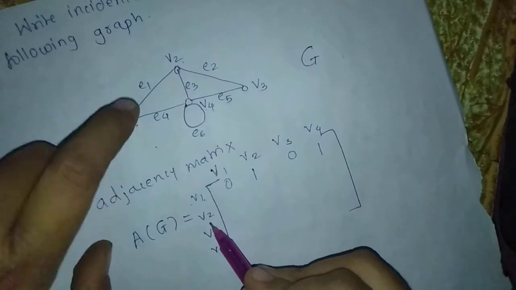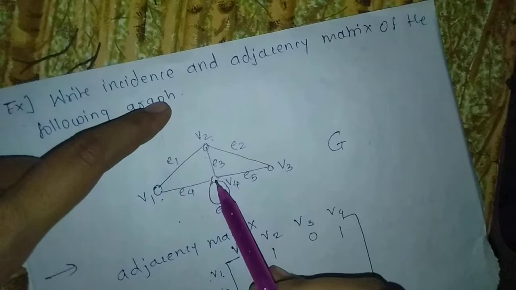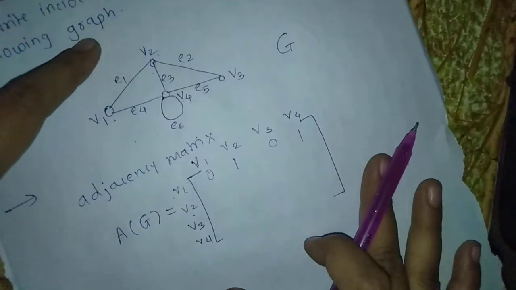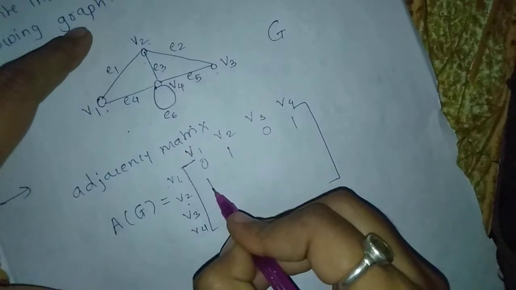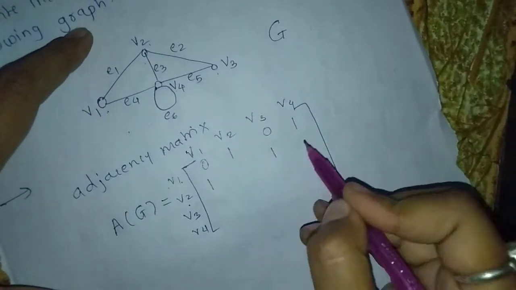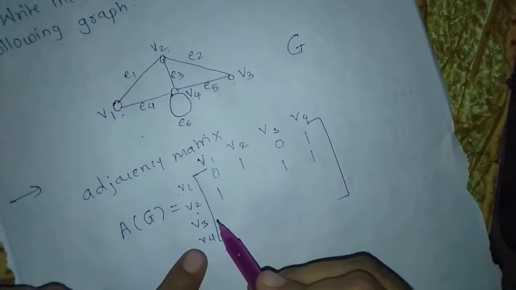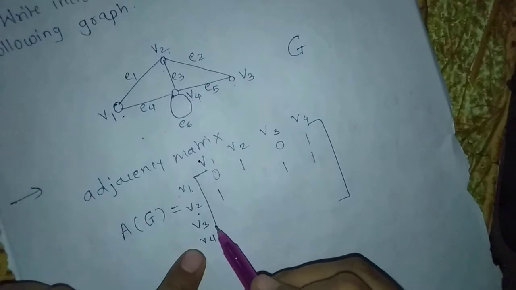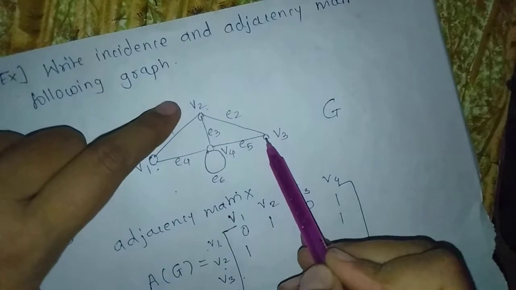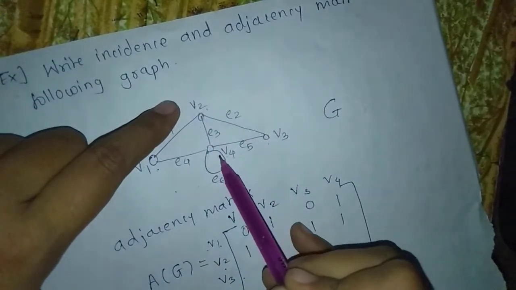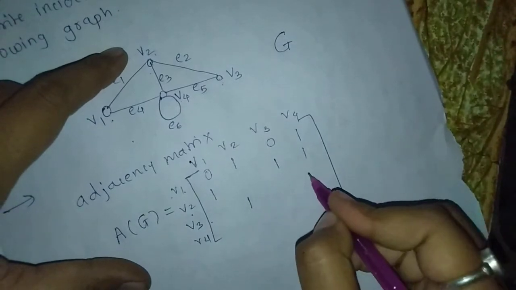Next vertex V2. V2 is adjacent to V1, V4 and V3. Next, V3 is adjacent to V2, V4.